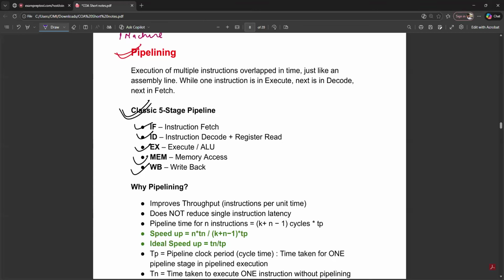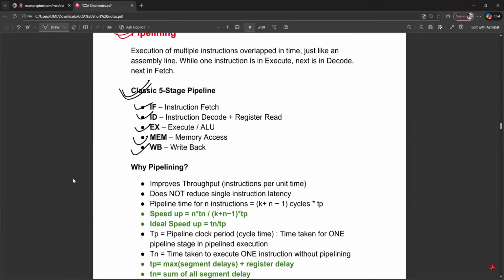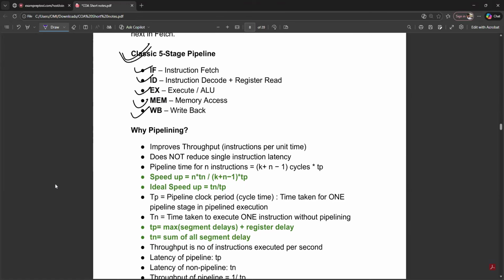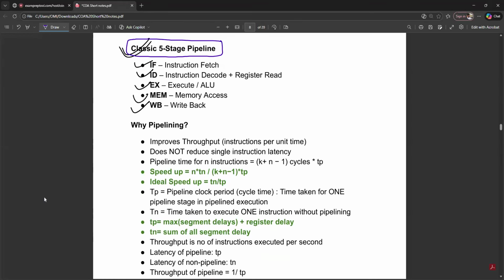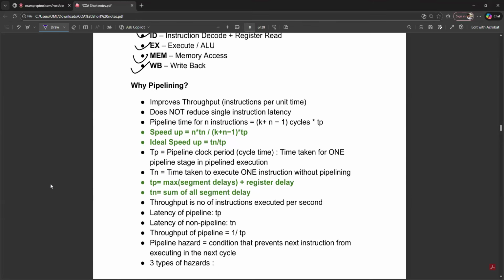And the last one is the write back stage, writing back to the register or main memory. So these are the classical five-stage pipeline. This information will be given in the question, but it is better if you know it. Got it.